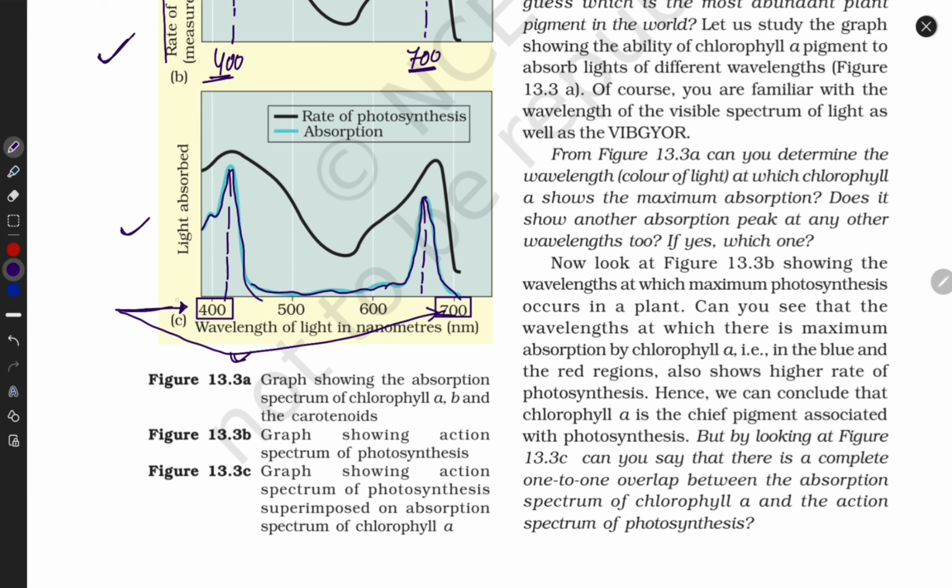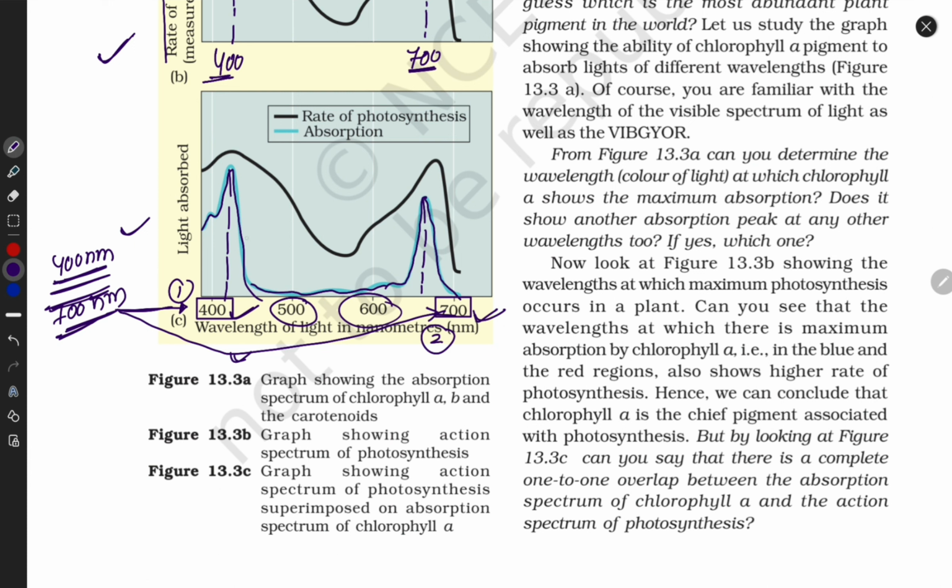Plants absorb maximum at 400 nm and 700 nm. In the middle, at 500 nm and 600 nm light, they don't absorb. They perform better in 400 nm light and 700 nm light.